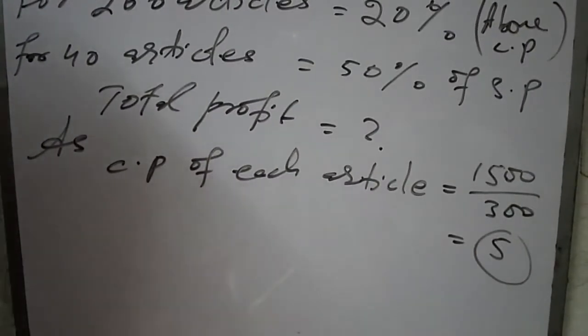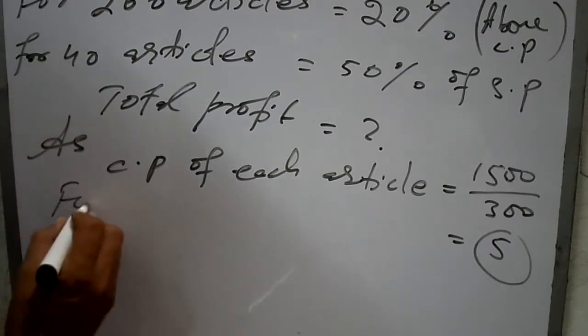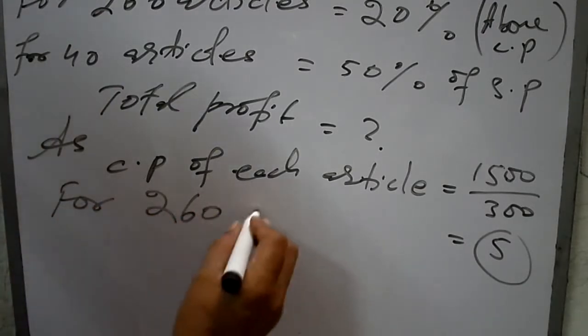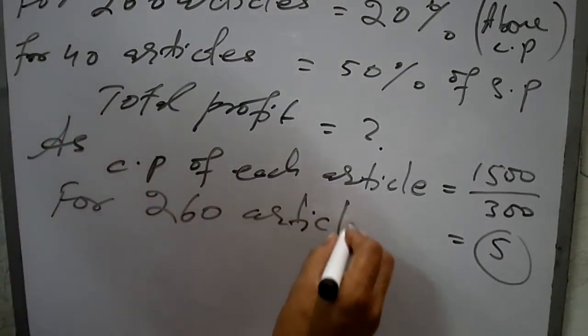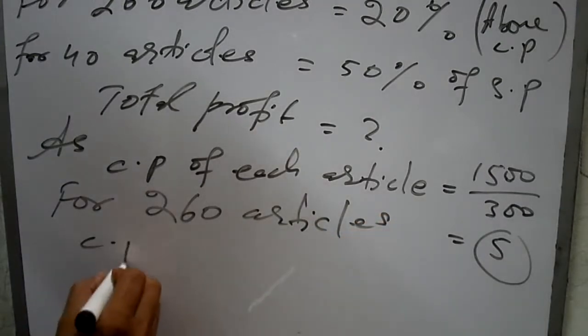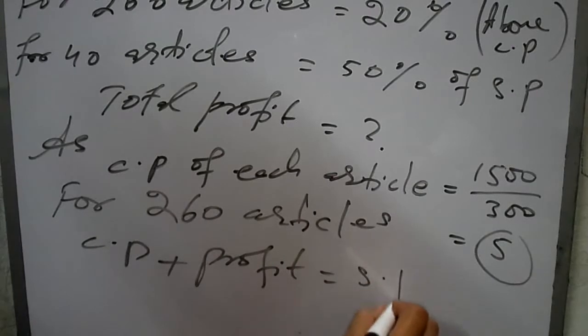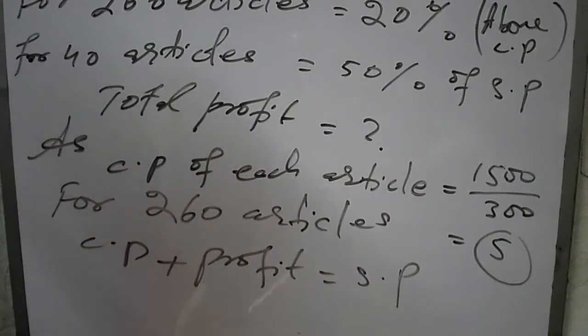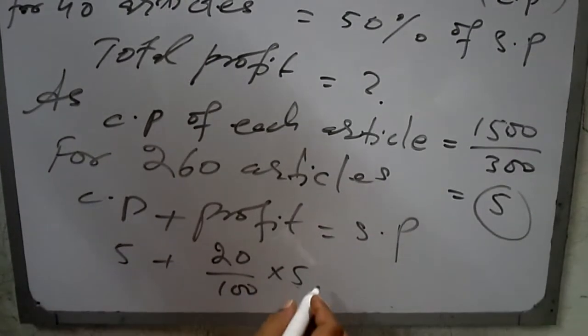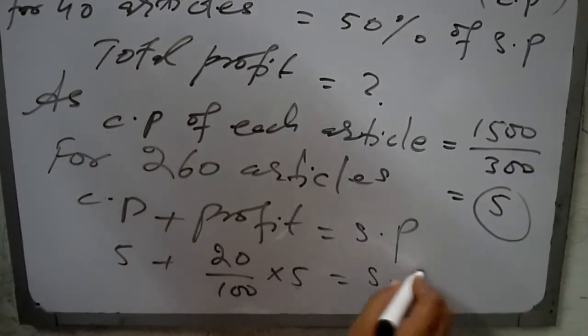So for 260 articles, CP plus profit is equal to sale price. So putting the values, cost price is 5, just we have calculated, profit is 20% multiplied by 5 for each article, that is your sale price.